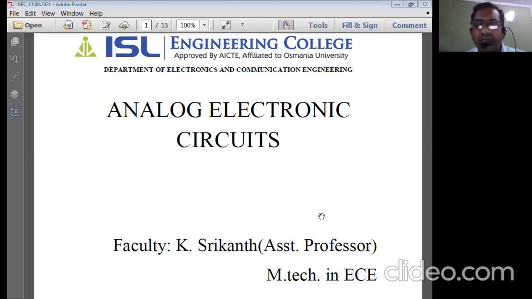Until today we have been accustomed to using the voltage amplifier most of the time. Now in today's session, in the fourth unit, we'll be discussing power amplifiers. So first, what are the basic differences between the voltage amplifier and the power amplifier? Later on we move on to class A and class B types of power amplifiers.